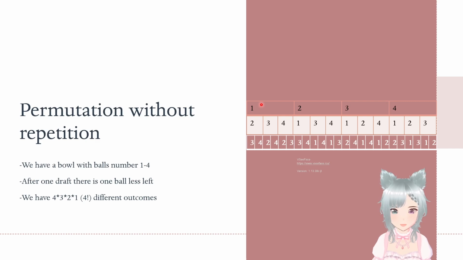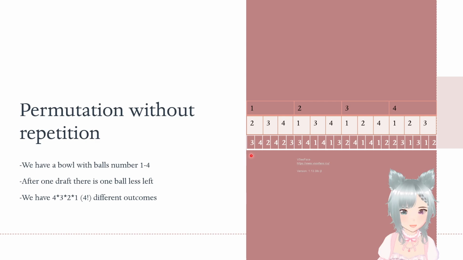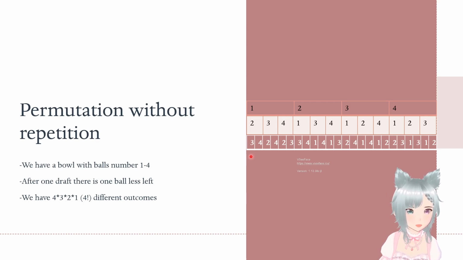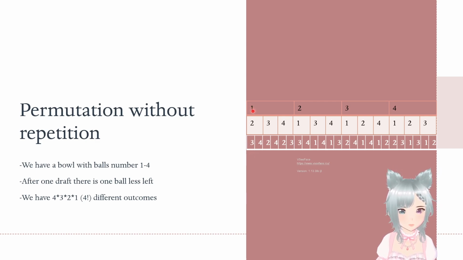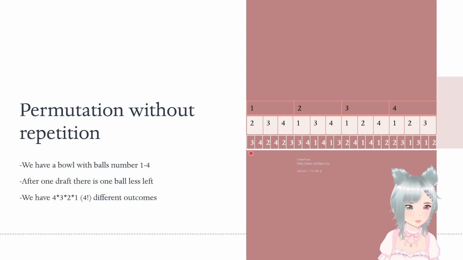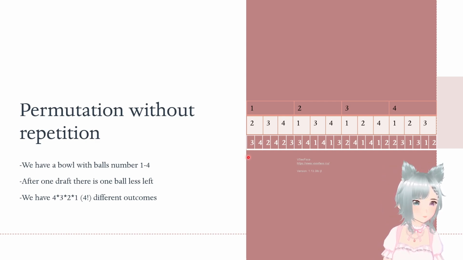And now when we pull out all the balls, we already know what ball we pull out at the fourth pull. It's always the one remaining. So here, for example, when we first pull out the 1, then the 2, then the 3, we already know we have to pull out the 4. So it can already stop here.